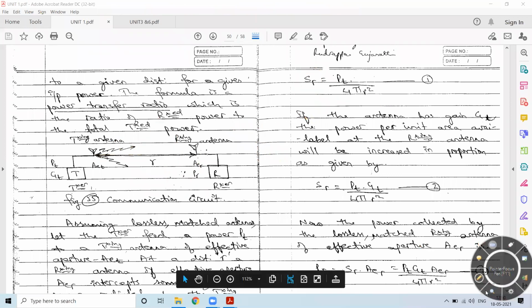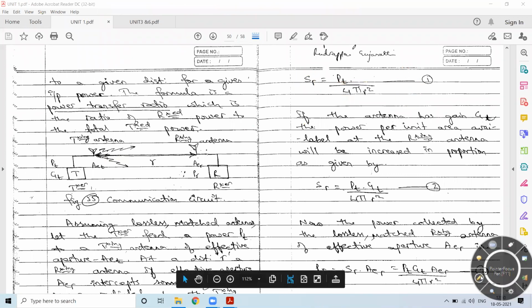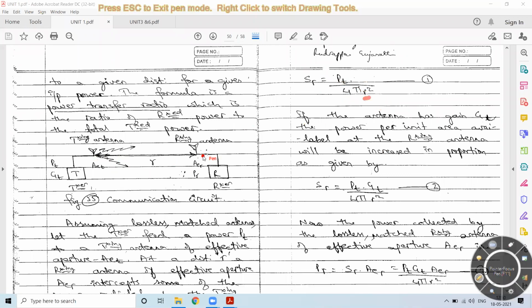So the pointing vector, or power density, at a distance r is given by the power transmitted by this antenna divided by the area 4 pi r square, that is Pt divided by 4 pi r square, where r is the distance between the transmitting and the receiving antenna.